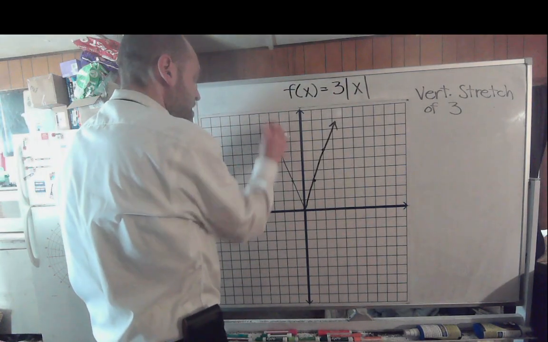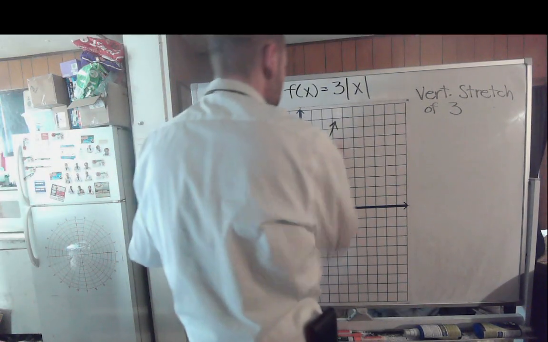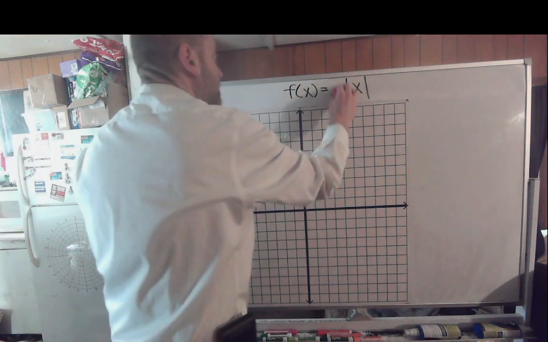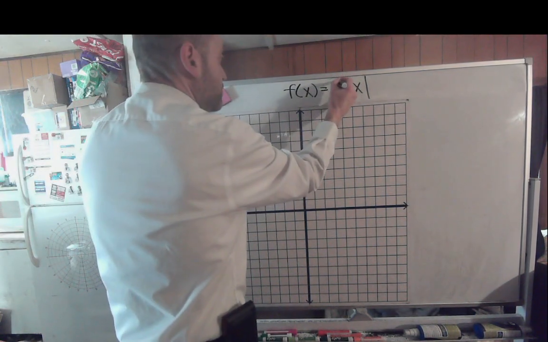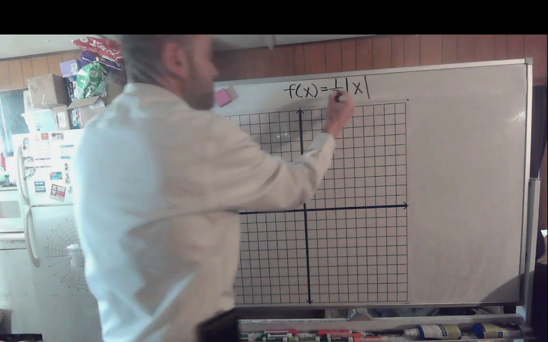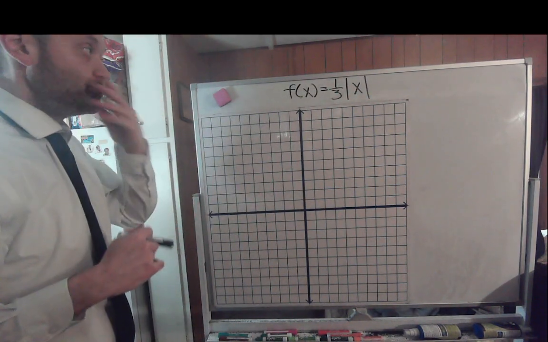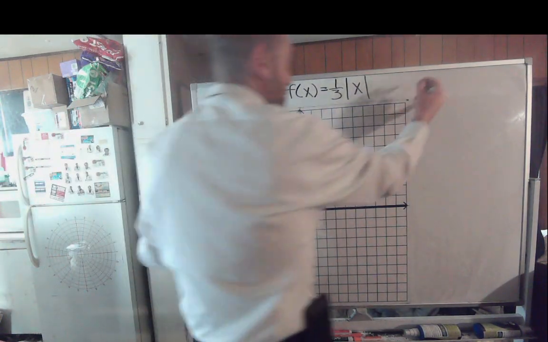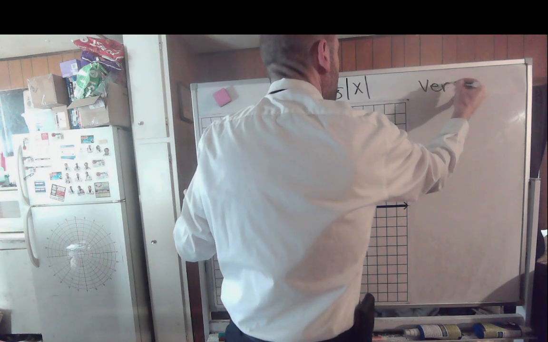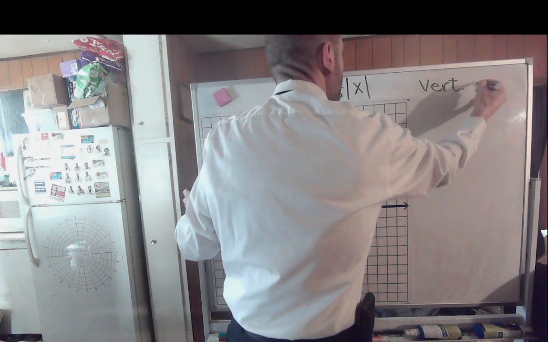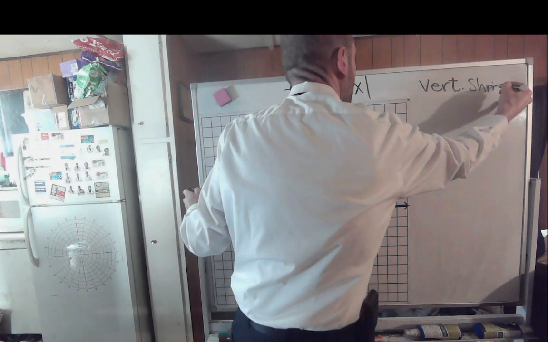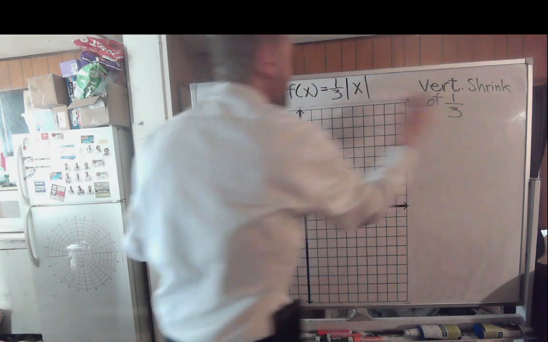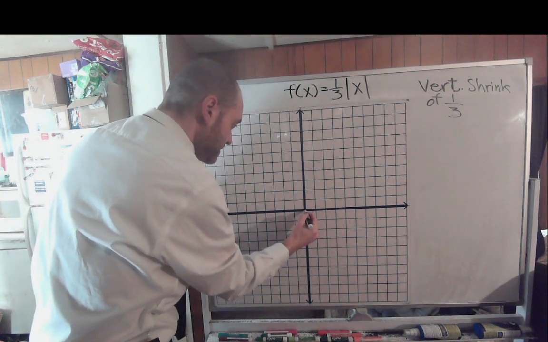Now, let's flip this around here. Let's say I have f of x equals 1/3 times the absolute value of x. Well, this time we have a vertical shrink of 1/3. So when x is 0, you still get y is 0.